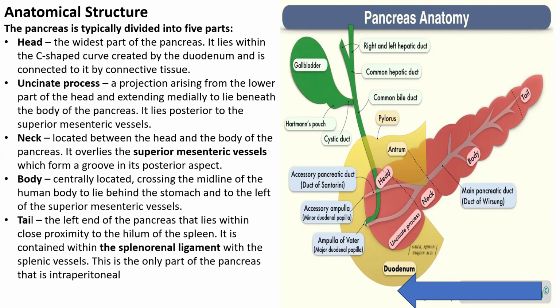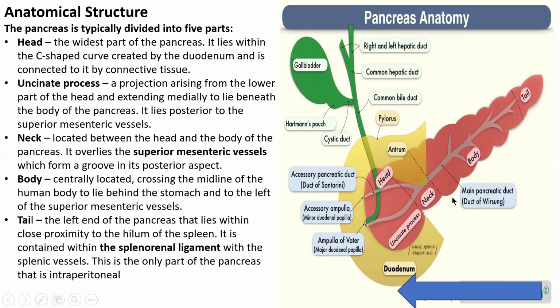The uncinate process lies posterior to the superior mesenteric vessels. Now I'm going to explain the superior mesenteric vessel also.